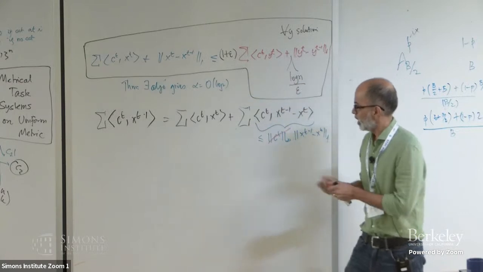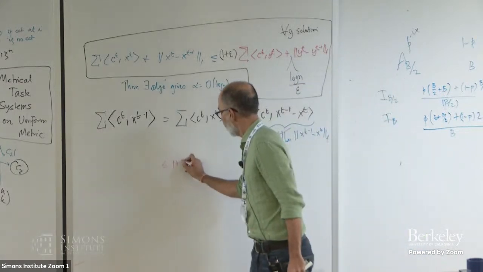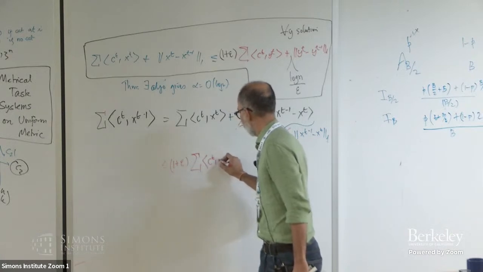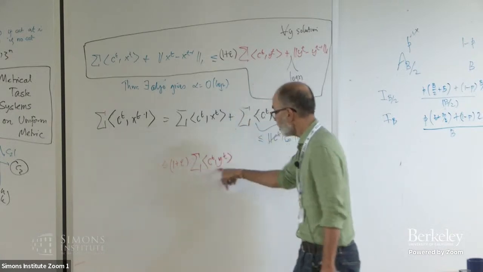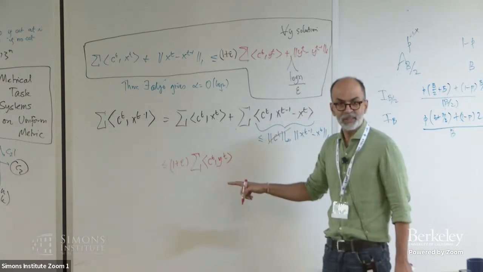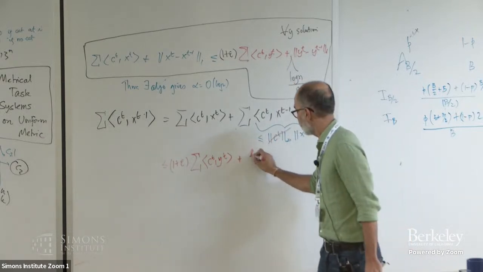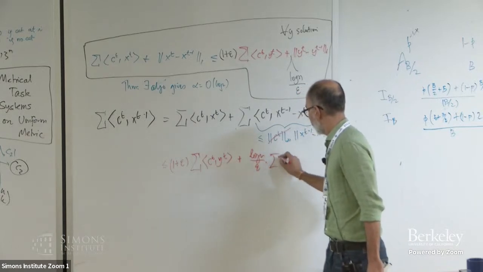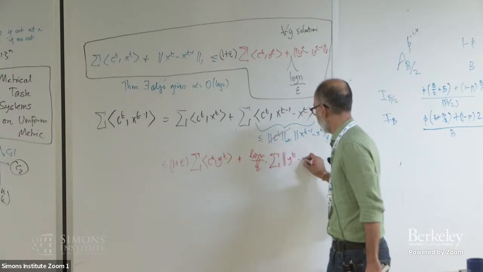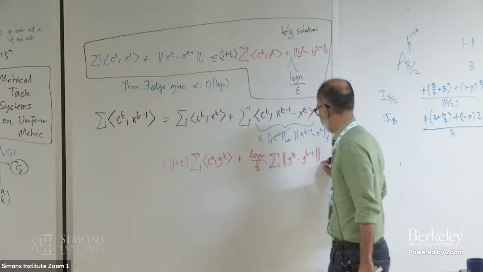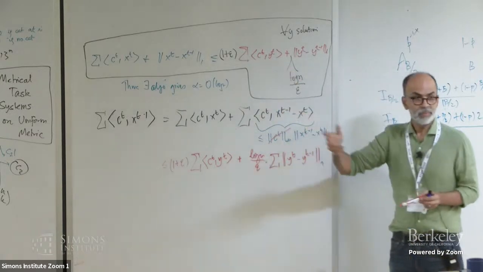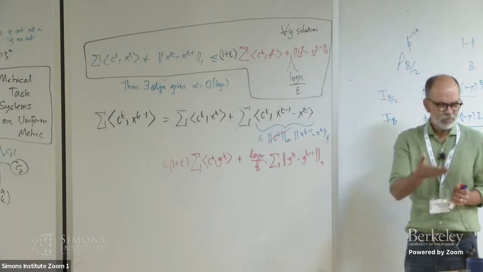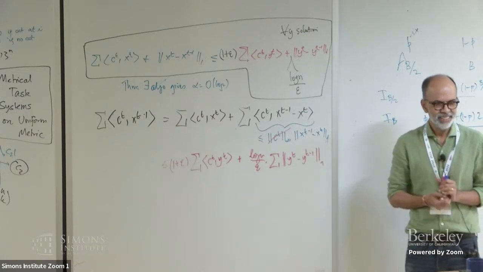This is less than 1 plus epsilon times c_t y_t for any other solution y, plus log n over epsilon times the summation of the movement of y_t, from this guarantee. Epsilon at most half, 1, something like that.